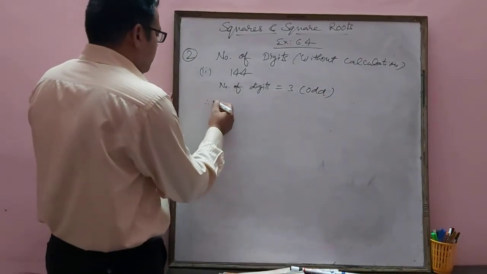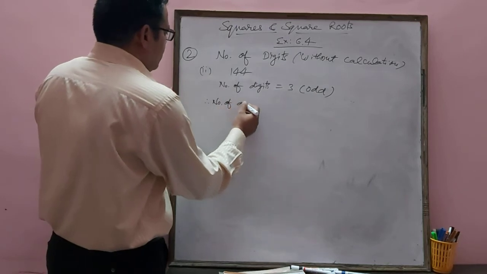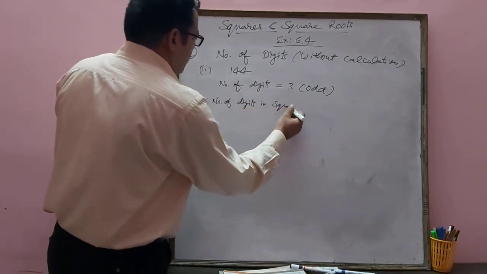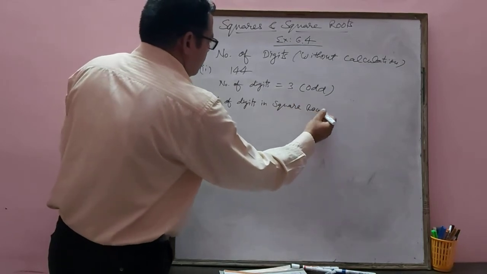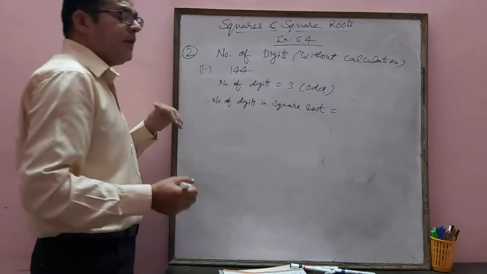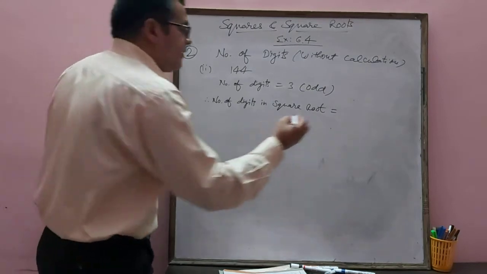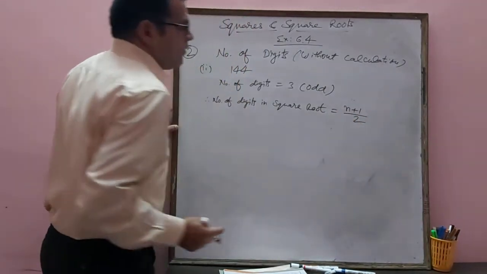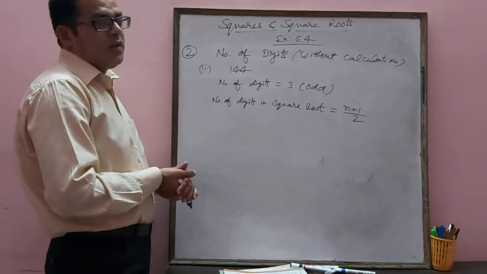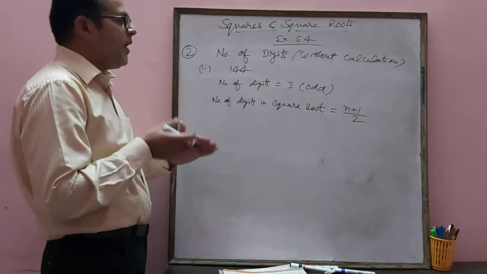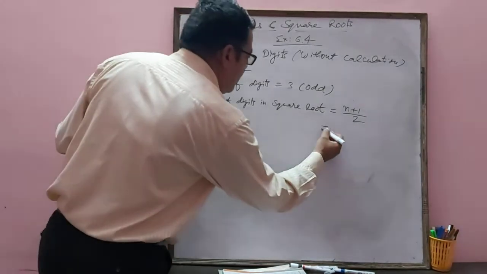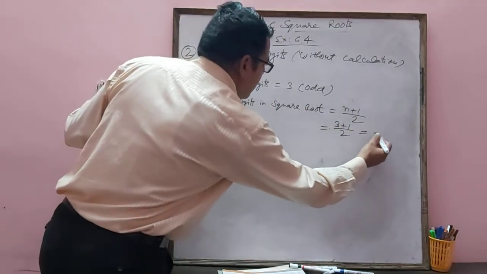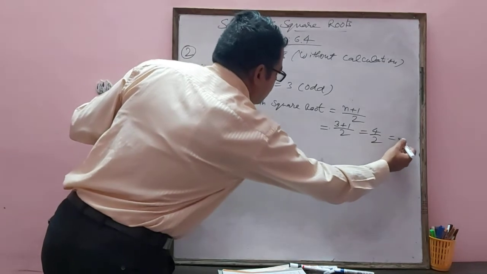So for the number of digits in the square root, if the digits are odd, the formula will be (n plus 1) by 2. What is n? n is 3. So 3 plus 1 by 2, that is 4 by 2, that is 2.